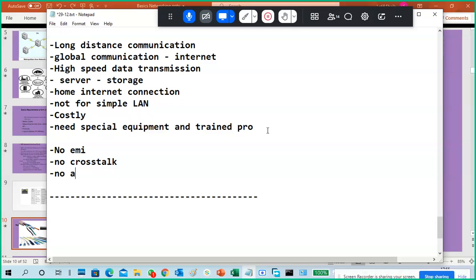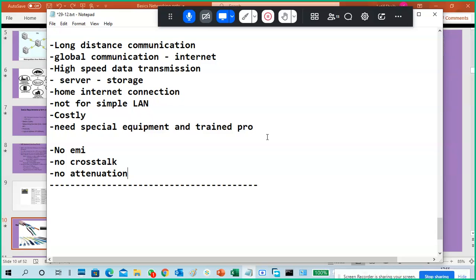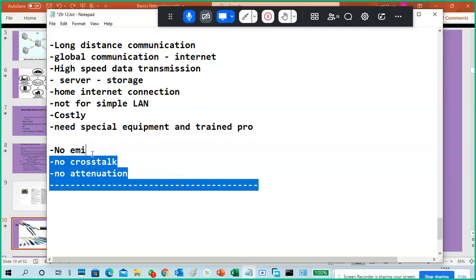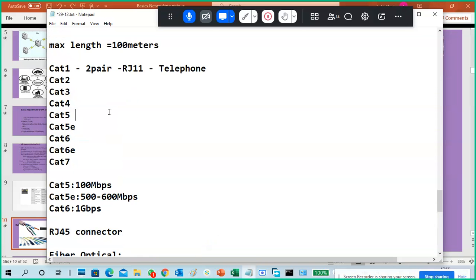No attenuation means no signal degradation. Attenuation means the signal degrades after a certain period of time, but here the signal degradation is very little, because the clad is also there. So this is about your cables.